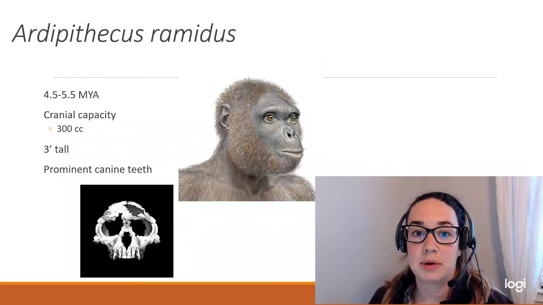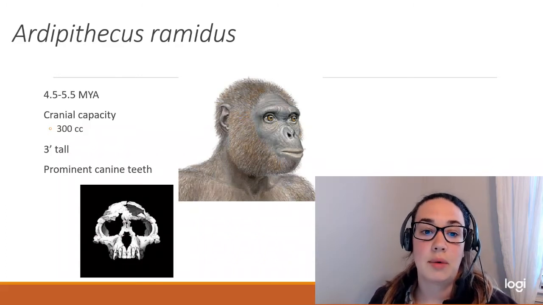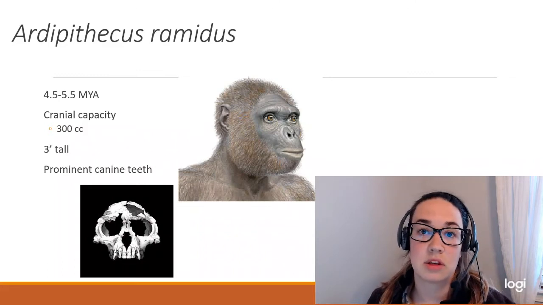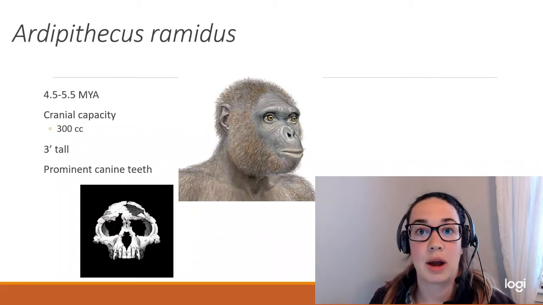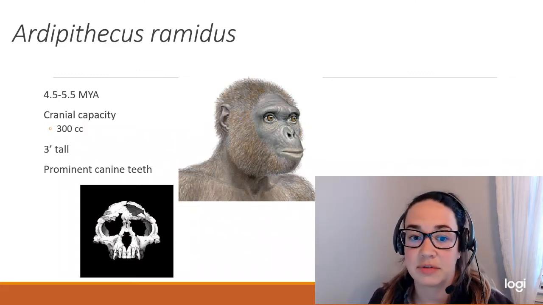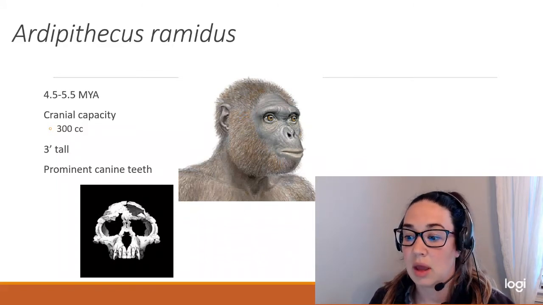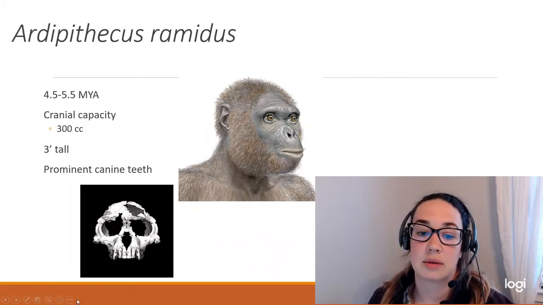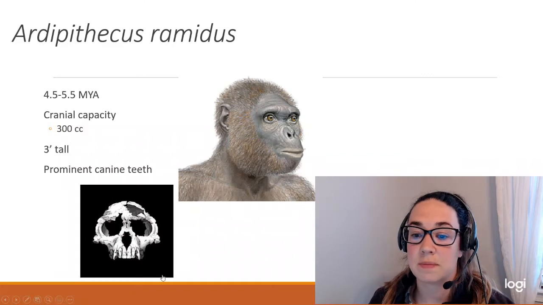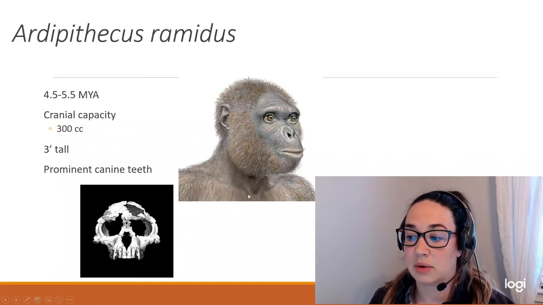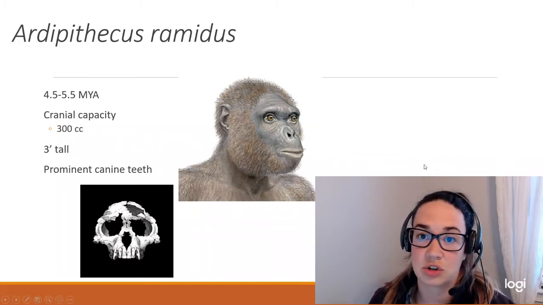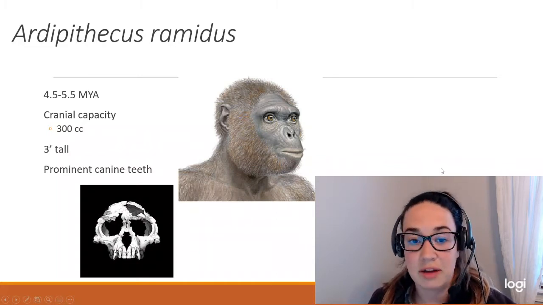As time progresses, now we're going to get into the Ardipithecus ramidus, and this particular species was approximately 4.5 to 5.5 million years ago. This is a skeletal reconstruction of some pieces that were found, and this is one that would possibly be a reconstruction of what one might look like in real life.